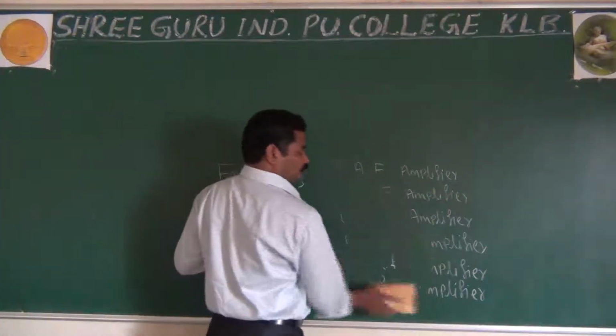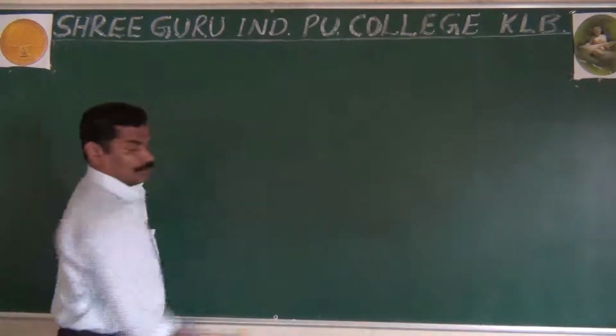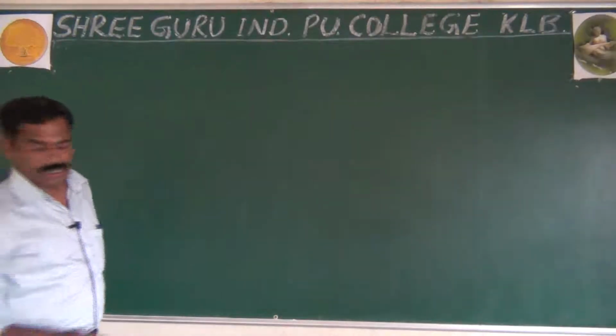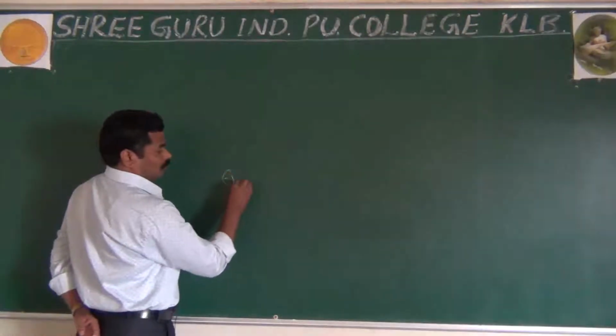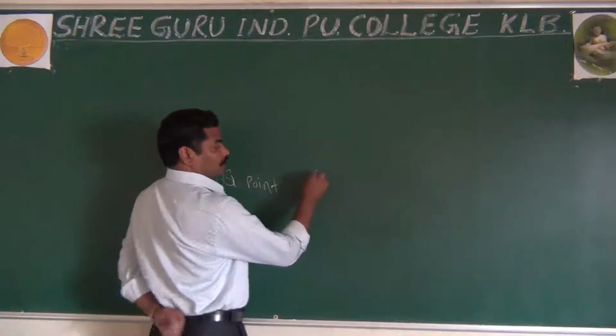Now we go for according to the Q point. According to the Q point, we can classify the different types of amplifiers.